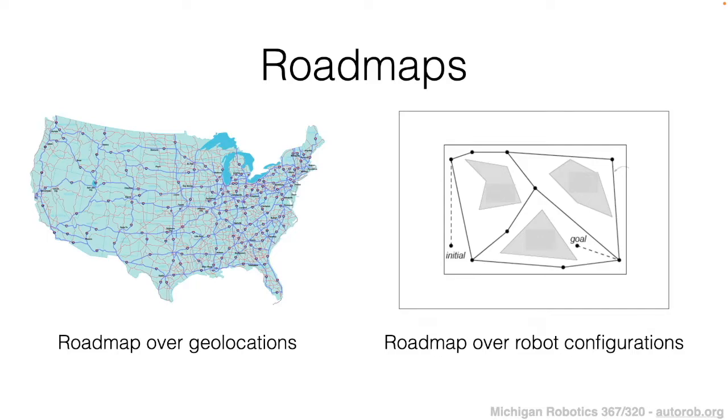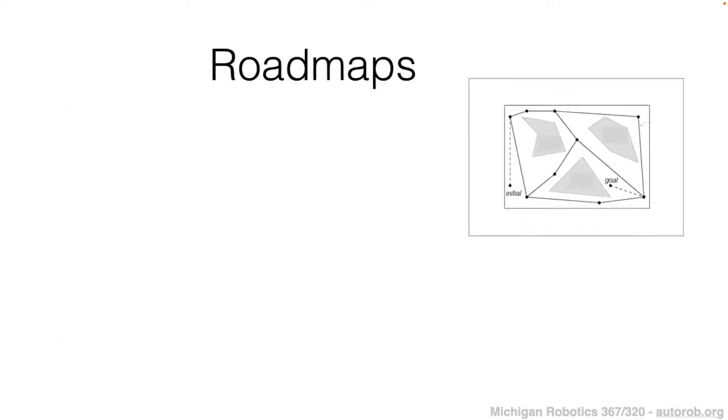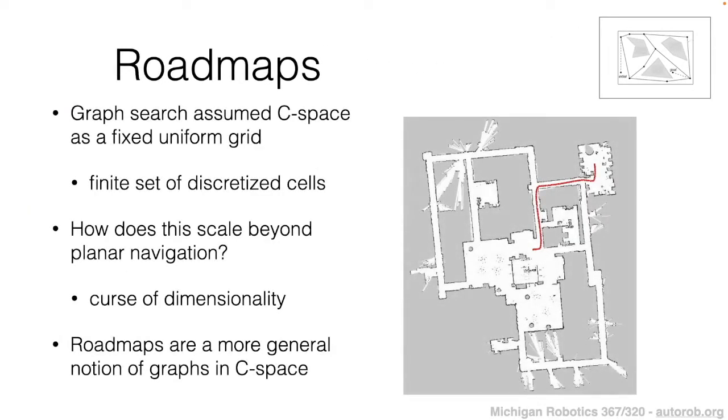This data structure is what we're going to start off by talking about in the context of our probabilistic roadmap algorithm. Before defining roadmaps formally, let's first contrast these roadmap data structures to the graph data structure that we looked at earlier in the semester when we discussed A-star search and graph-based search algorithms.